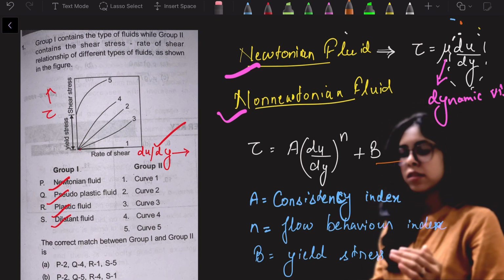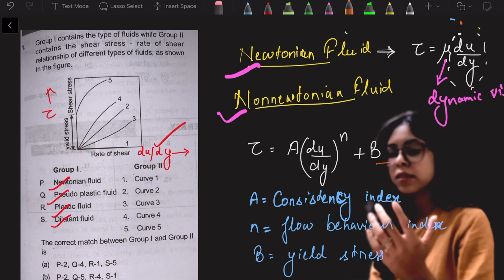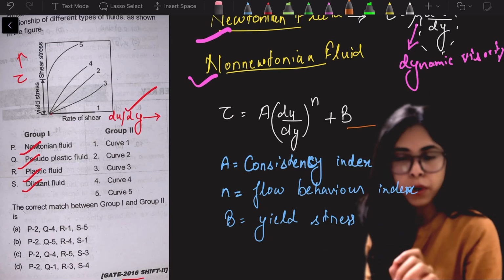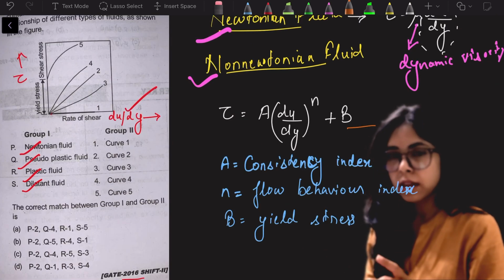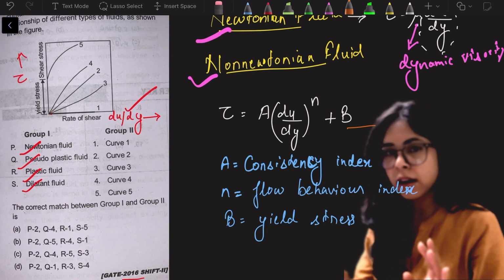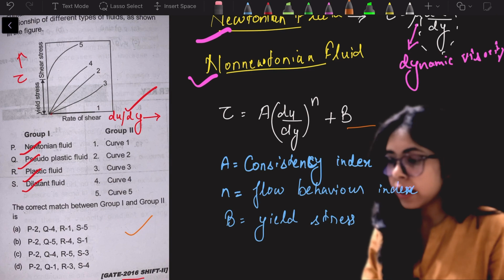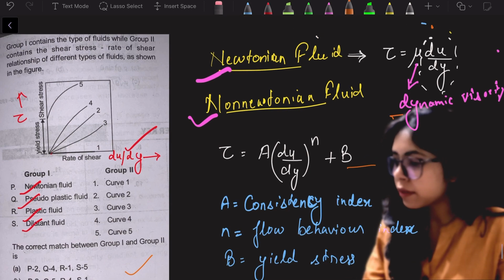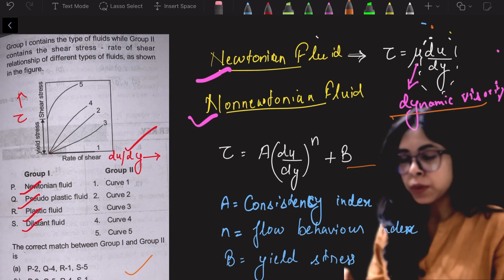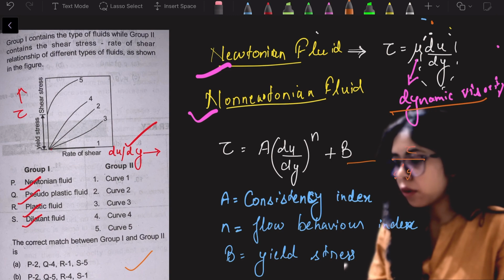Now in these non-Newtonian fluids, there is a concept of apparent viscosity. We should first understand that, and according to that we can proceed further with this curve question. So this is dynamic viscosity, mu: tau over du over dy will give you mu.